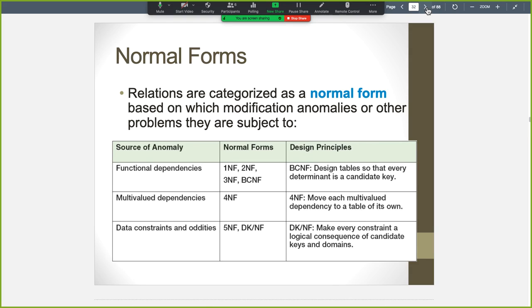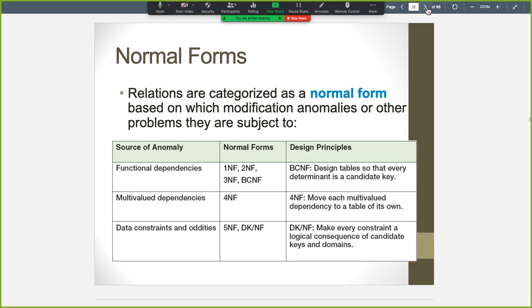Just remember, for most operational databases, operation means the database is used to handle day-to-day operation, like handling sales, handling registration for a university, handling anything that happens very frequently.